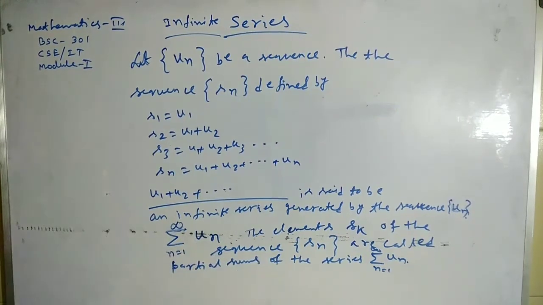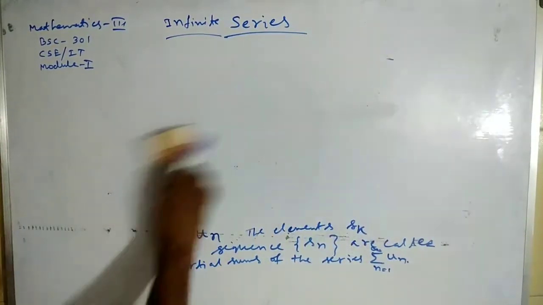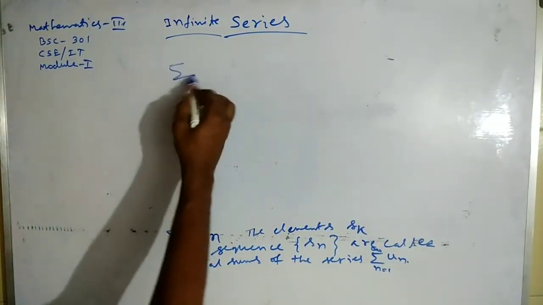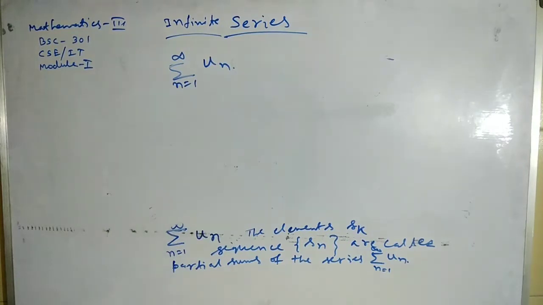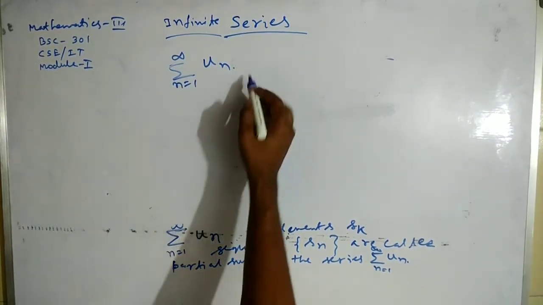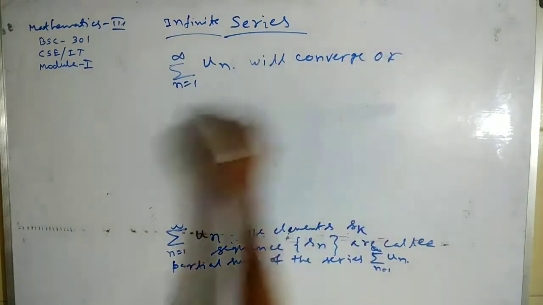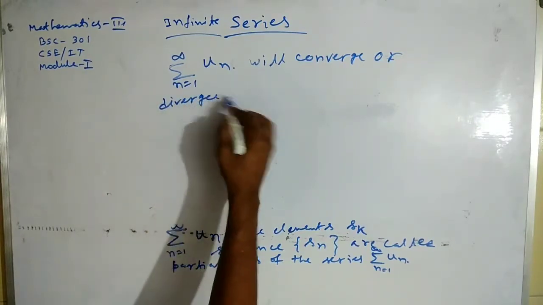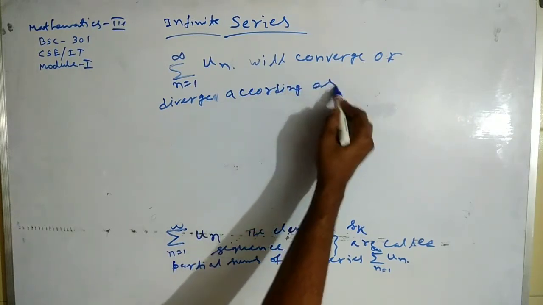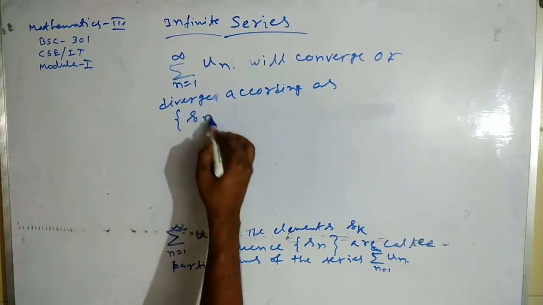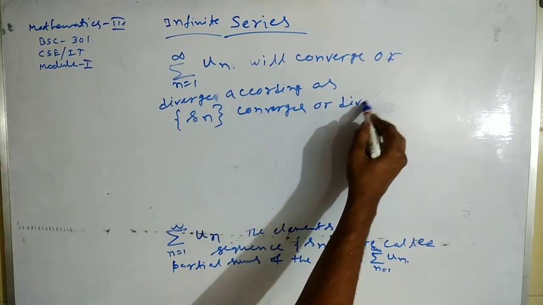This infinite series, summation n equal to 1 to infinity Un, will converge or diverge according as the sequence Sn converges or diverges.